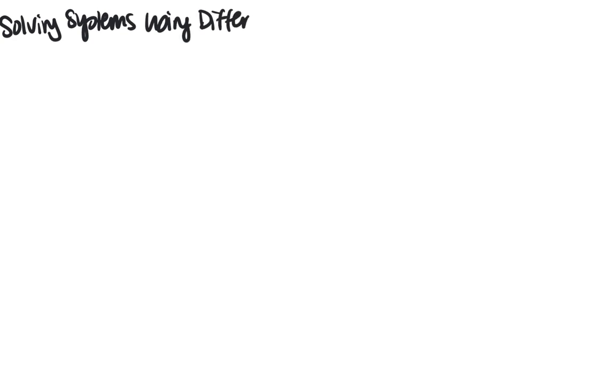So if you look back in section 5.2 of the Nagel, Saff, and Snyder textbook, it teaches you how to solve systems using the differential operators and the elimination method.